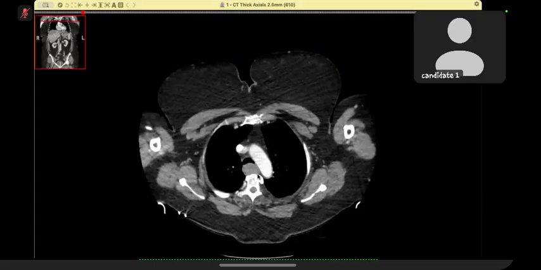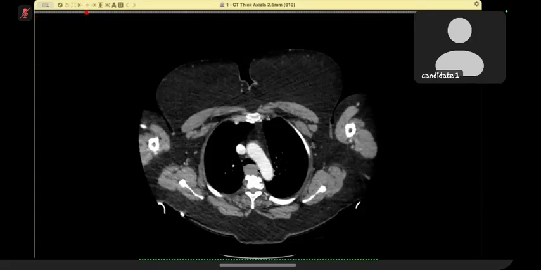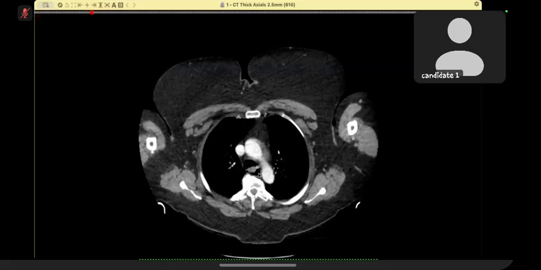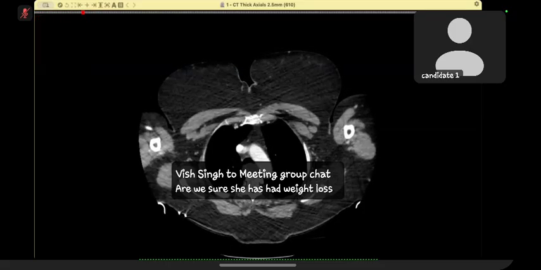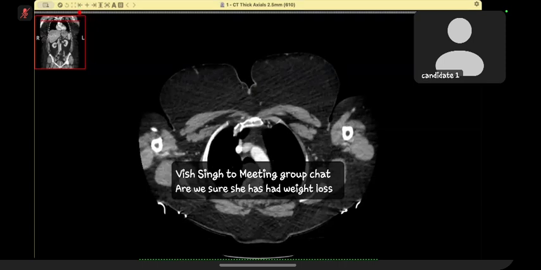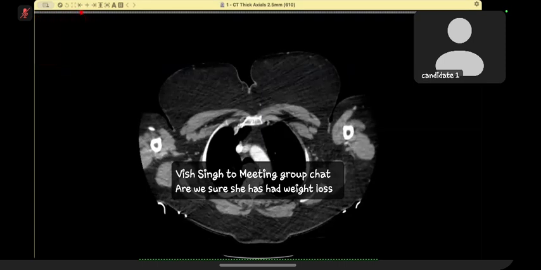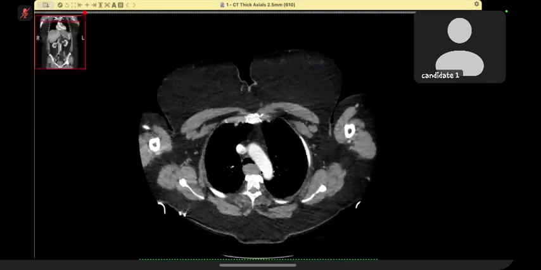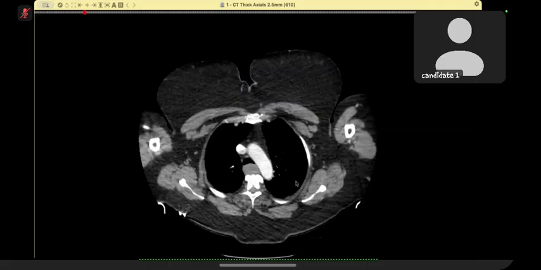It is closely abutting the trachea anteriorly, and it is also seen abutting the arch of aorta on the left lateral aspect.